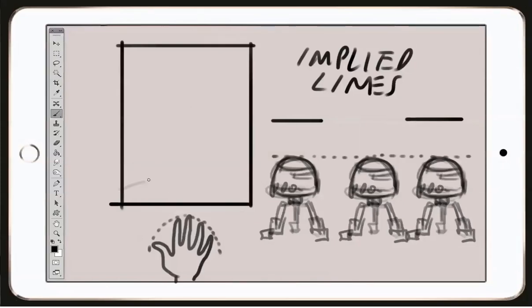Here's another quick, rough thumbnail sketch using this idea that I've been talking about. So let's say there's this figure standing here on this rock.